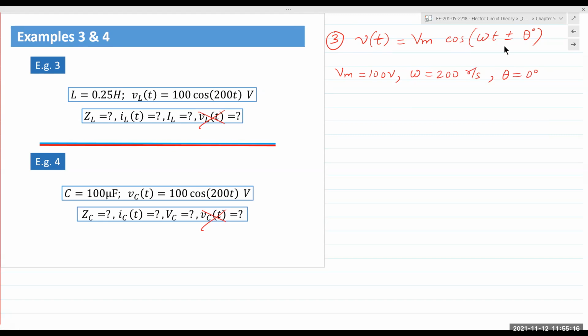If it was sine, then yes, we would do sine x is cos x minus 90. All right. So let's start with the easiest first. VL of t is given to us. So I'm going to write out the phasor form for VL, which is 100 with phase angle 0.